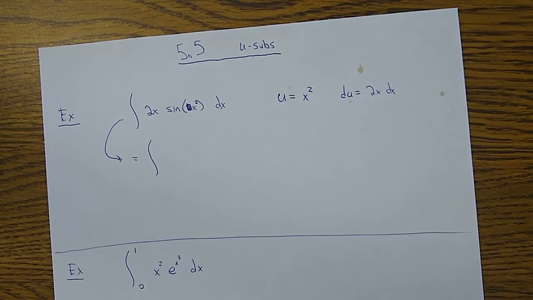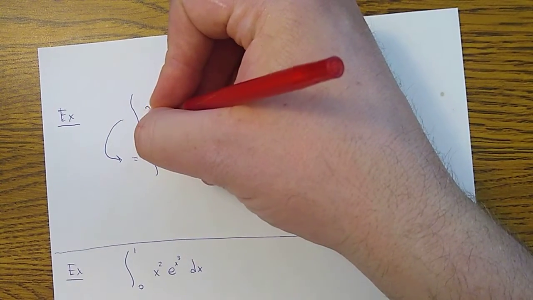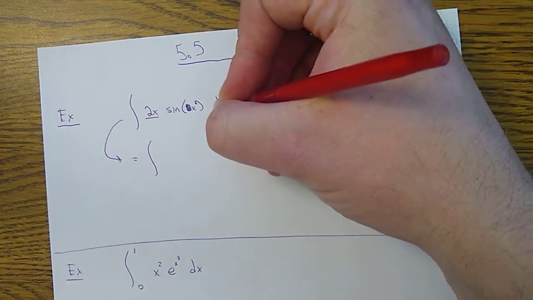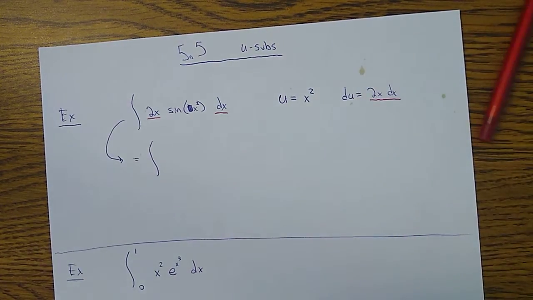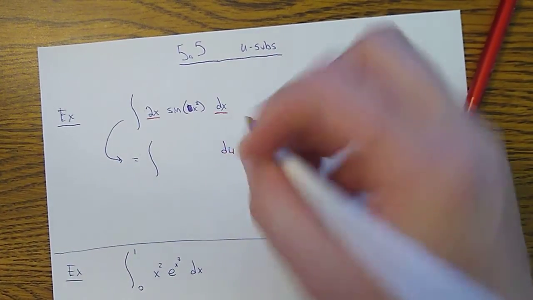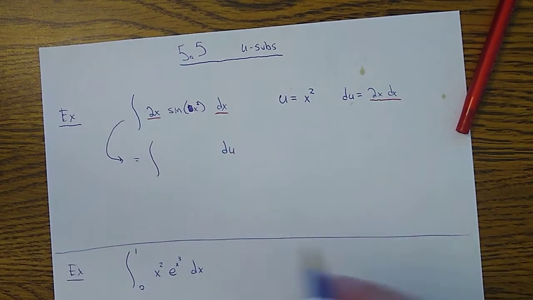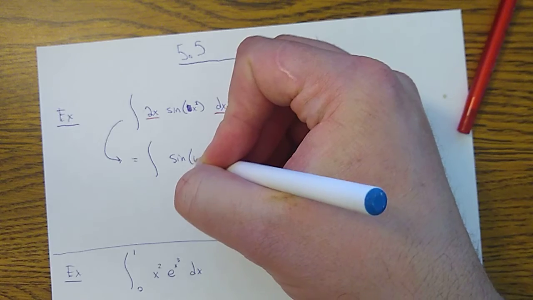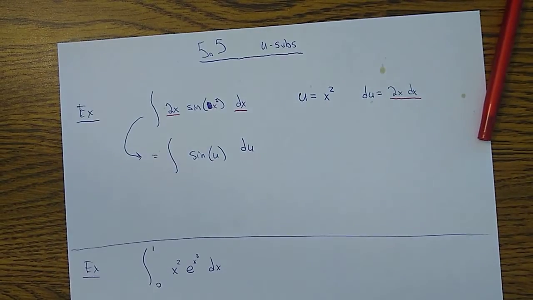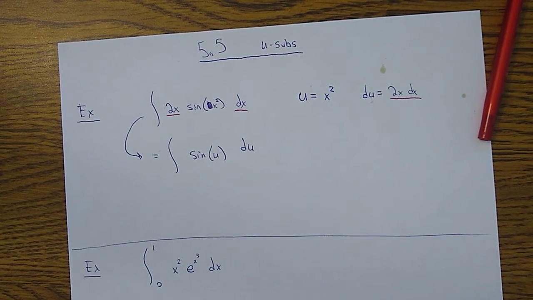Basically what happens is the 2x and the dx get replaced with du. And I'm going to write that in the end. This is the sine of u, right?